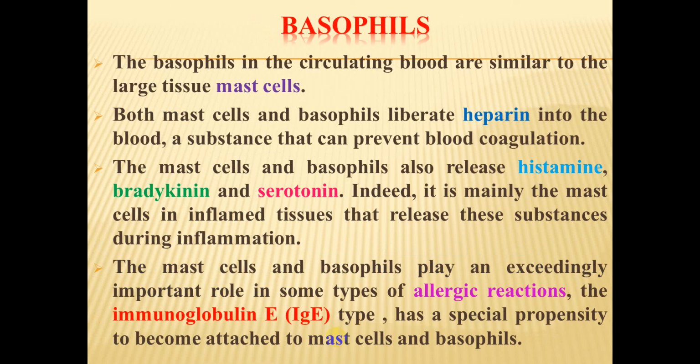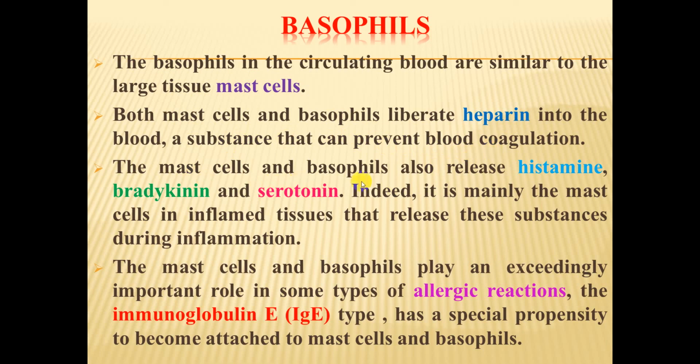More powerful leukocyte cells in this type of infection. The basophils in the circulating blood are similar to the large tissue mast cells. Okay, both of them, mast cell and basophil, liberate heparin into the blood, a substance that can prevent blood coagulation. حكينا عنه in lecture 1 of the blood in practical physiology.